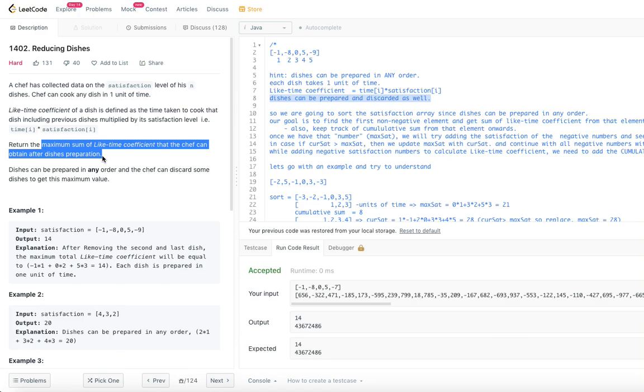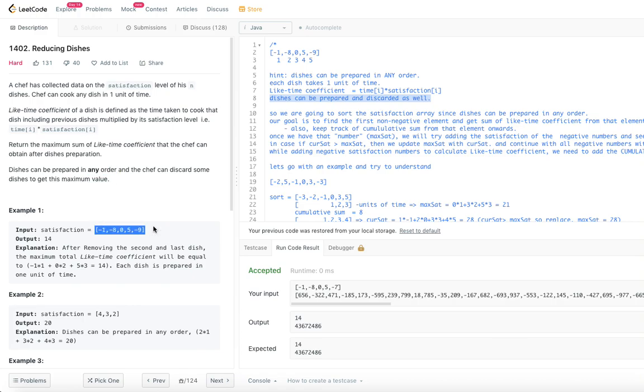For this particular problem, we will be approaching with a dynamic programming technique. First of all, these dishes can be prepared in any order, so we are free to change the order of this satisfaction array also.